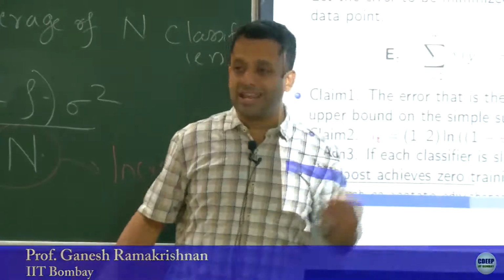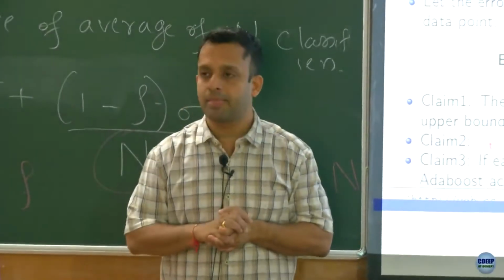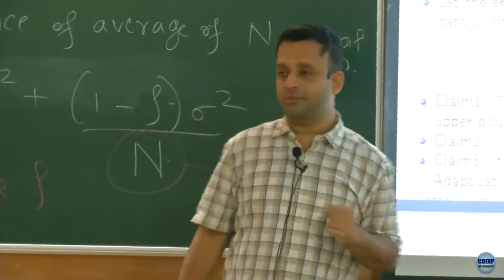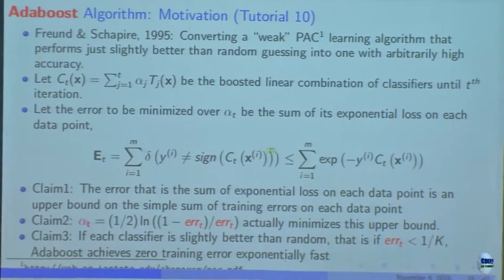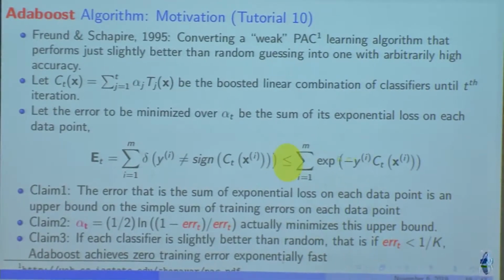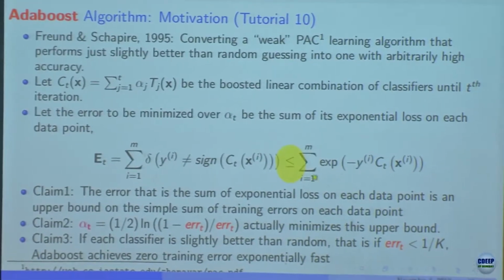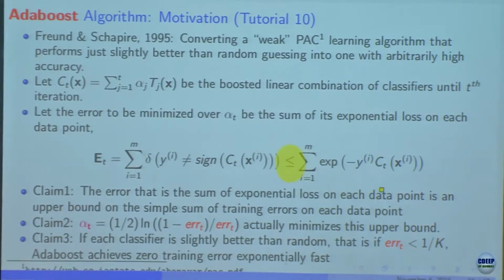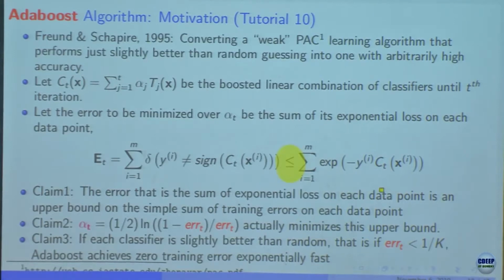now this delta error can be upper bounded by an exponentiated form. This is the substance of your tutorial 10, this upper bound, exp minus y_i C_t x_i. What AdaBoost does is that it tries to minimize this upper bound error.